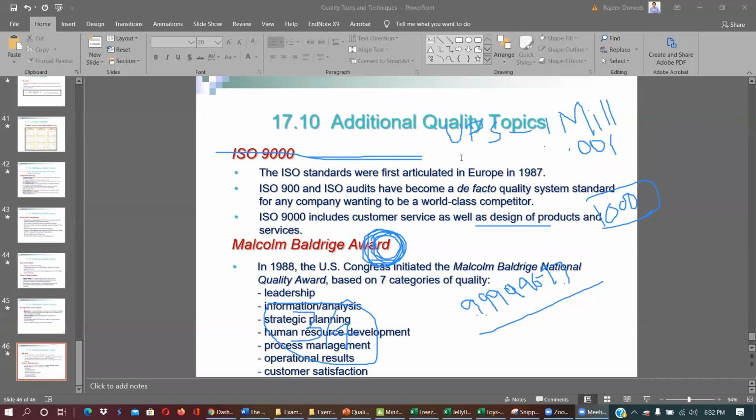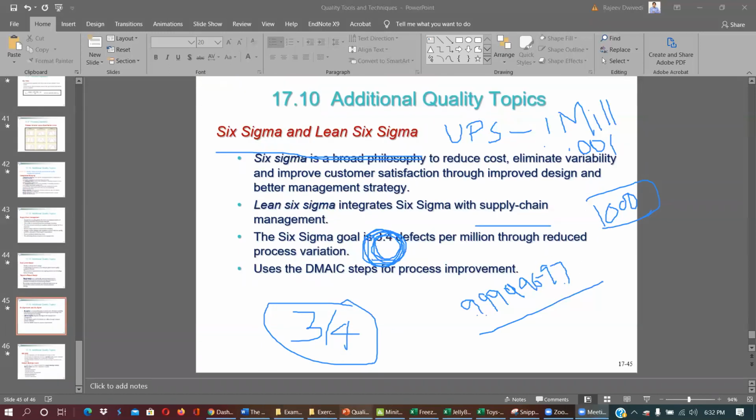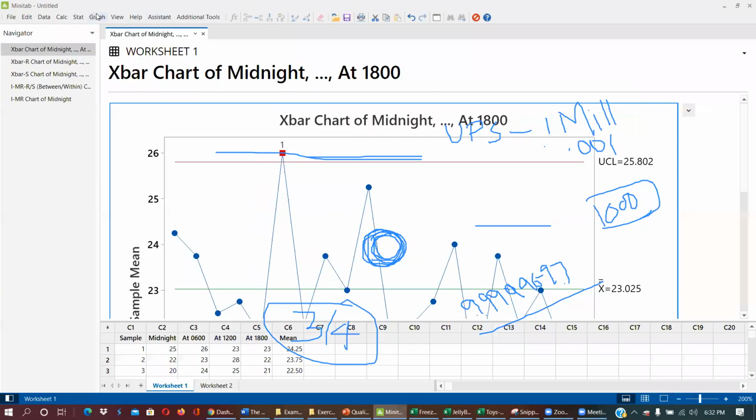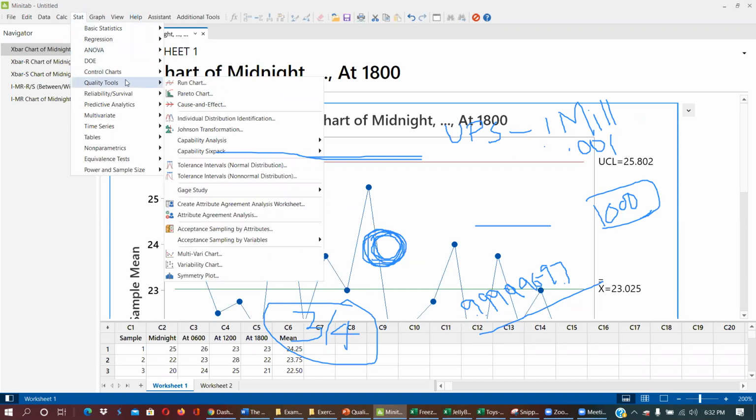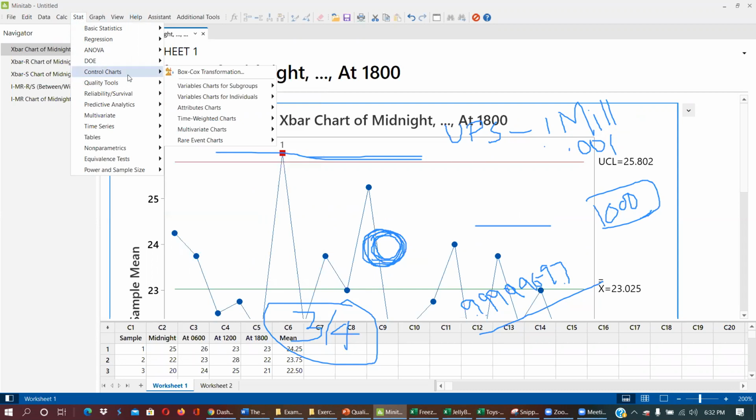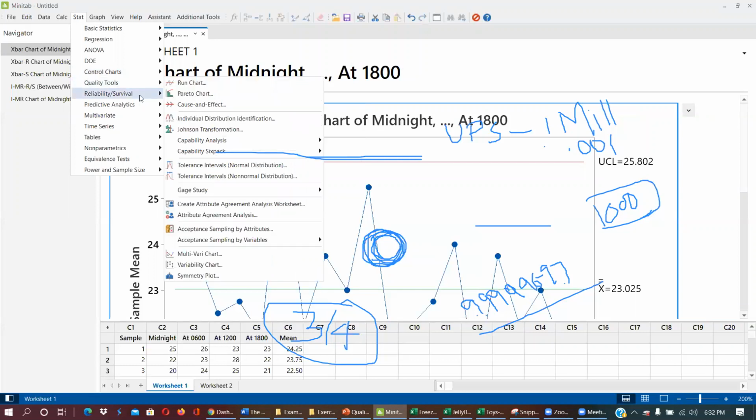So this is what I wanted to show. Here we have these options under Stat: control chart, cause and effect, and capability analysis.